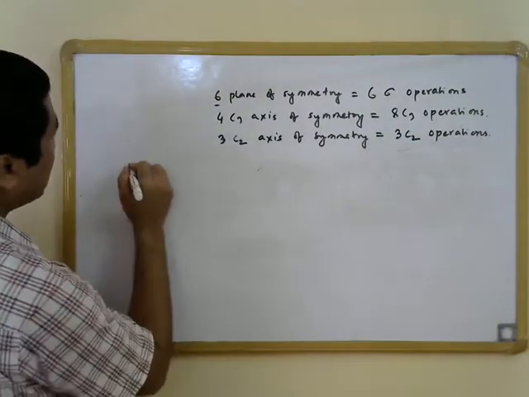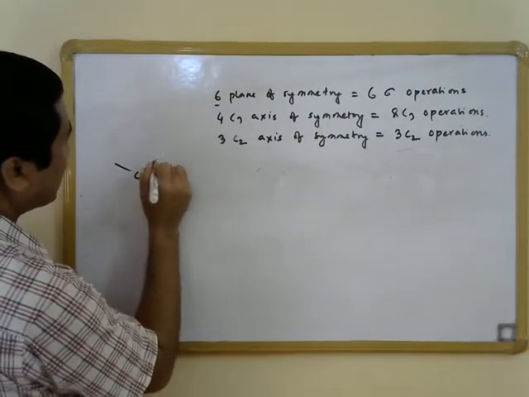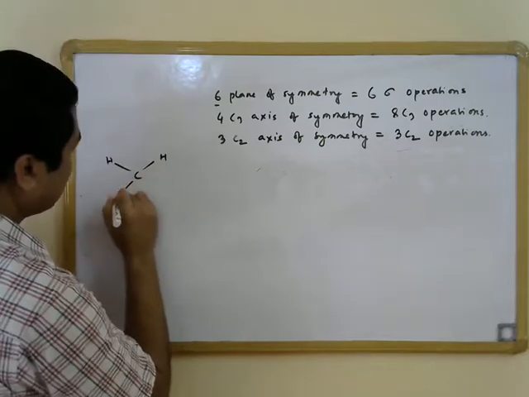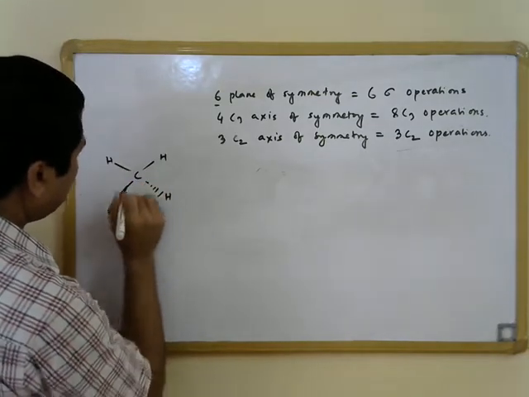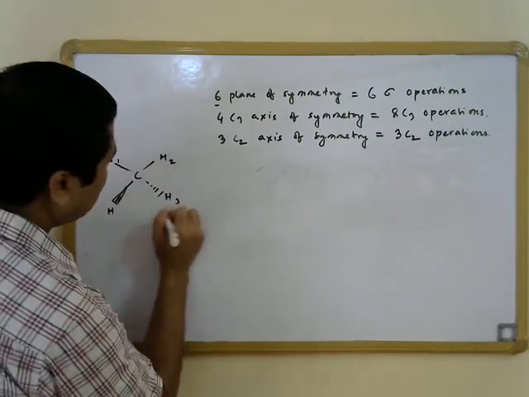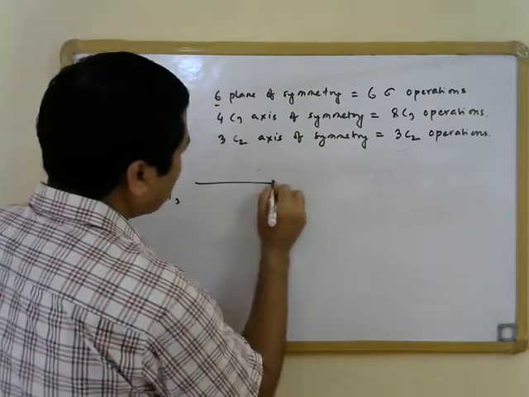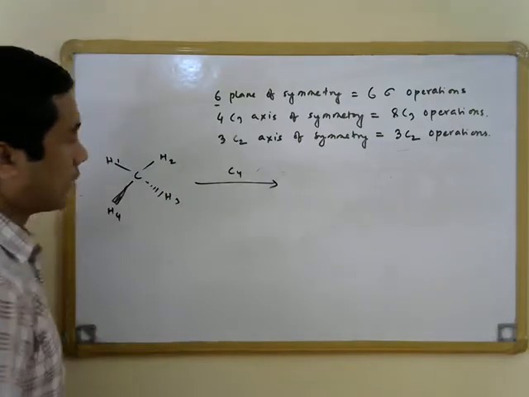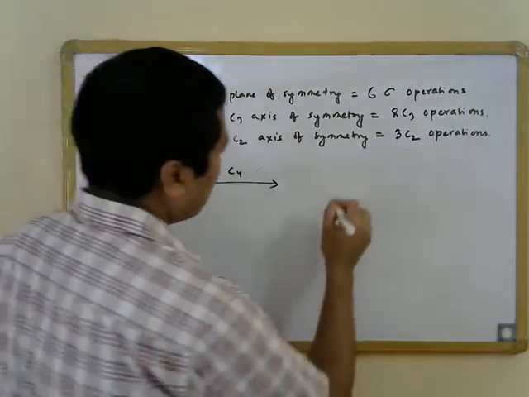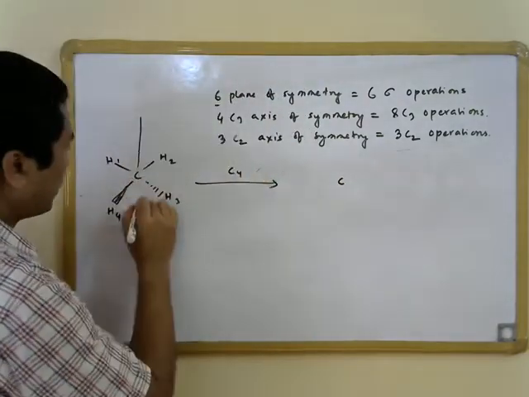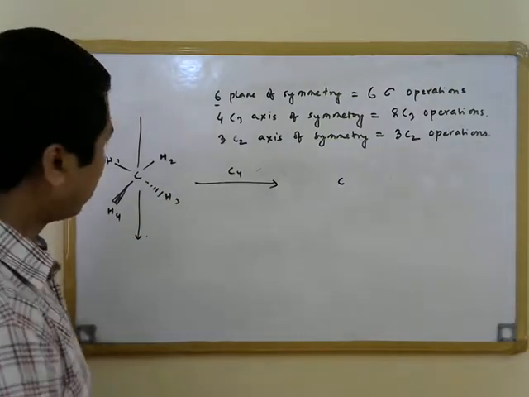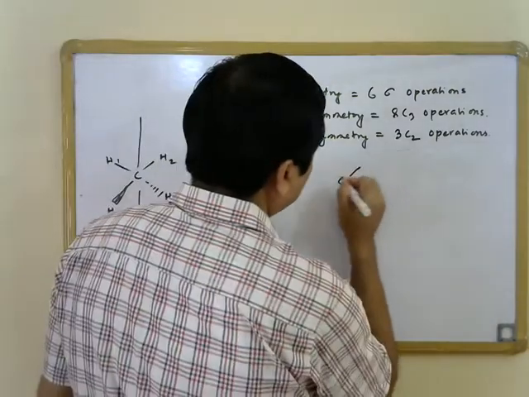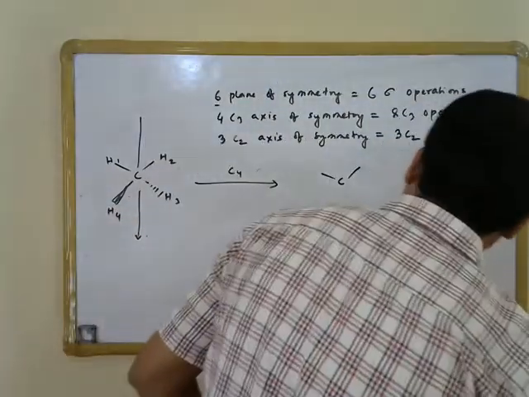Now if we draw the tetrahedron once again in this fashion, and let's label also the hydrogen atoms, let us now do a C4 operation with respect to the axis which is collinear to this C2 axis of symmetry. In that case, what is going to happen?